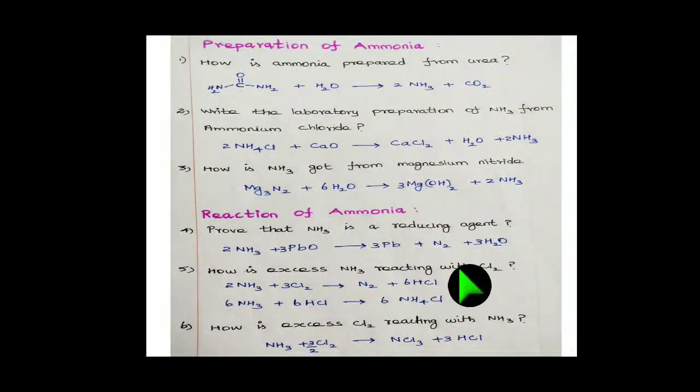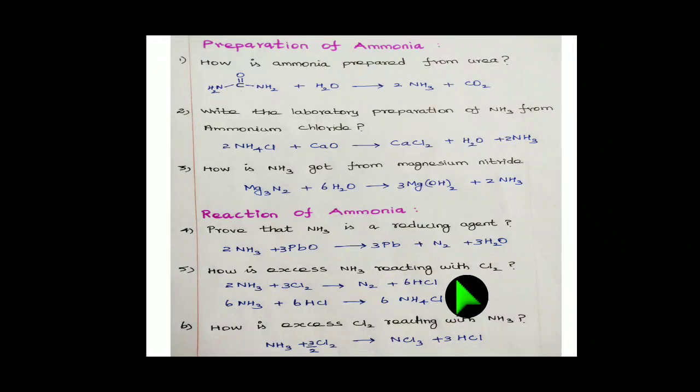Here we can see the equation. Ammonia reacts with the chlorine. Nitrogen gas will form and hydrochloric acid also will form.